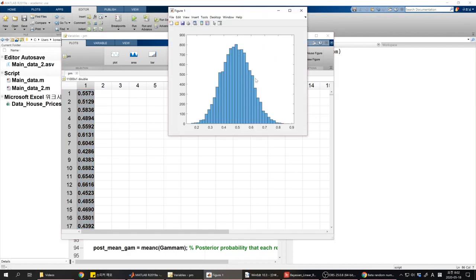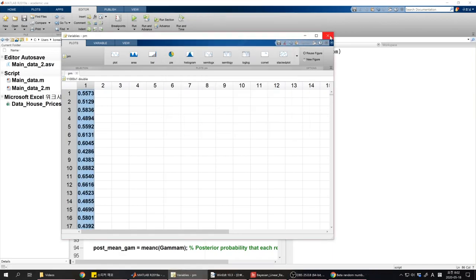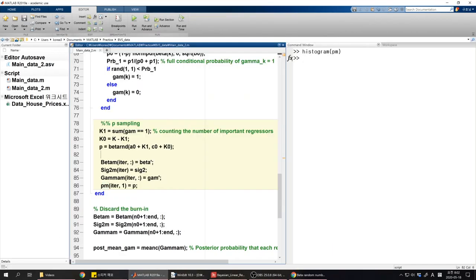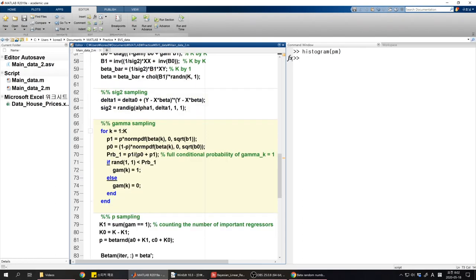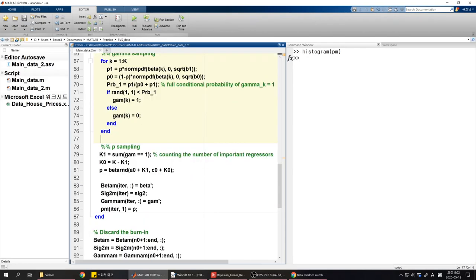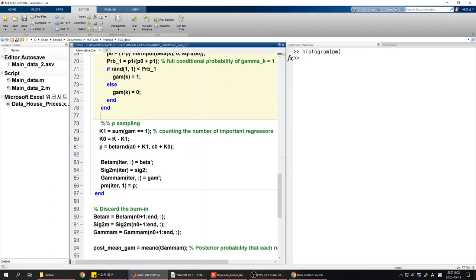Looks good. Now we are done with P sampling.